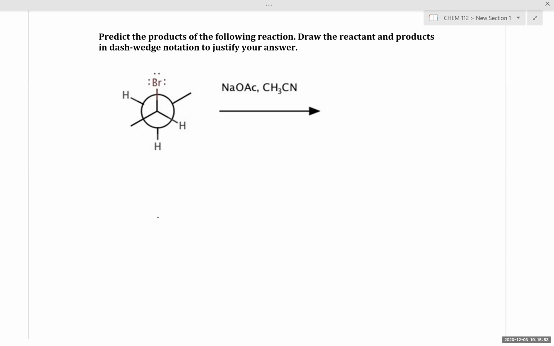Would anyone like to share a dash wedge notation for this structure?